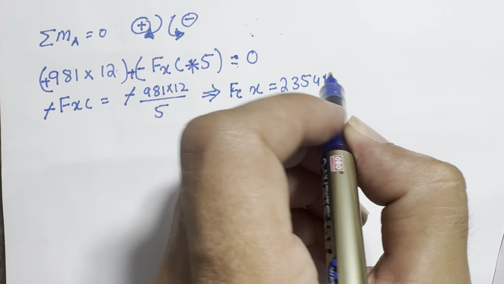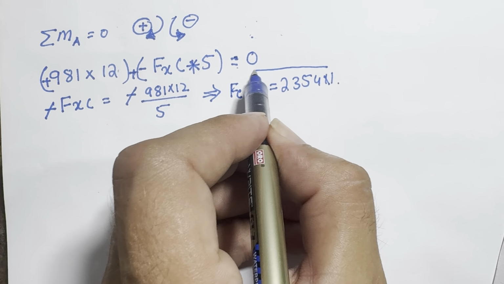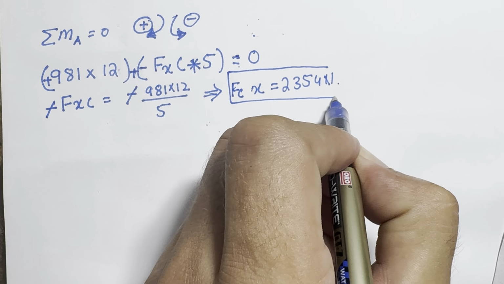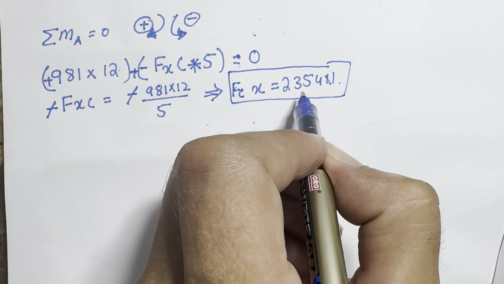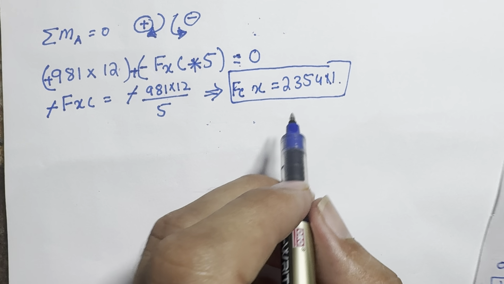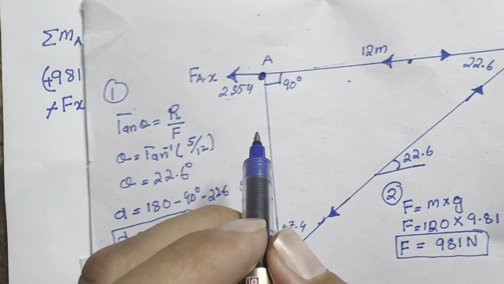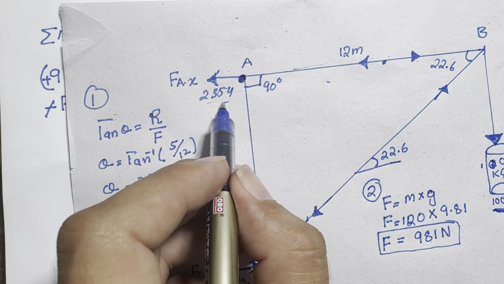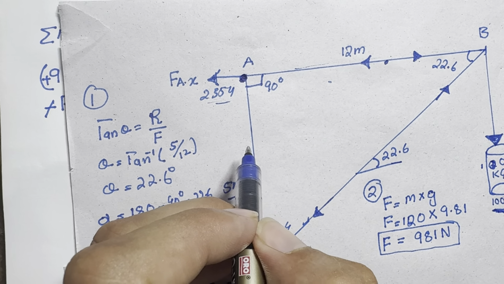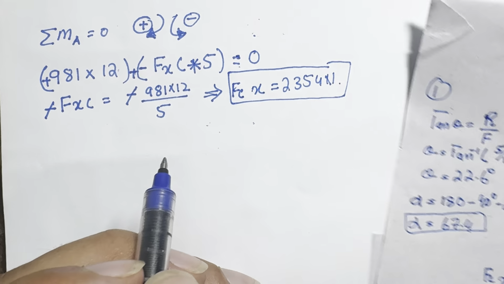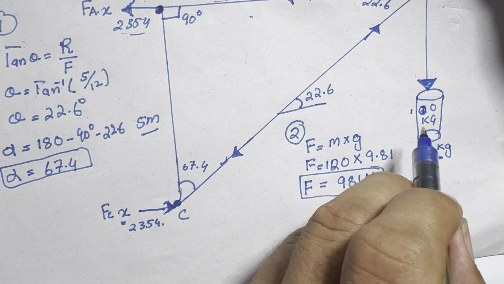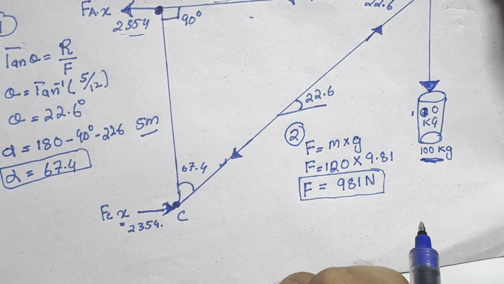The reaction exerted at point C will be 2354. So now I will find the force at this other point. This is also a reaction force exerted by this weight.